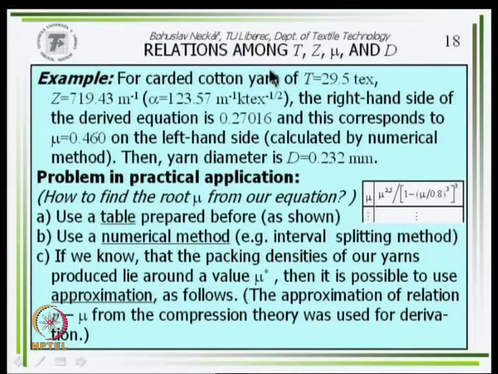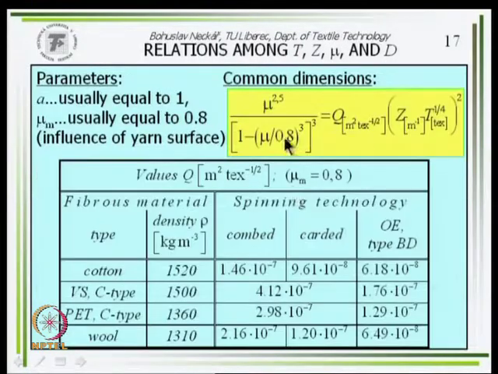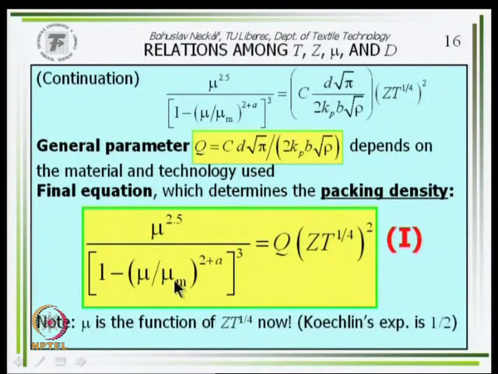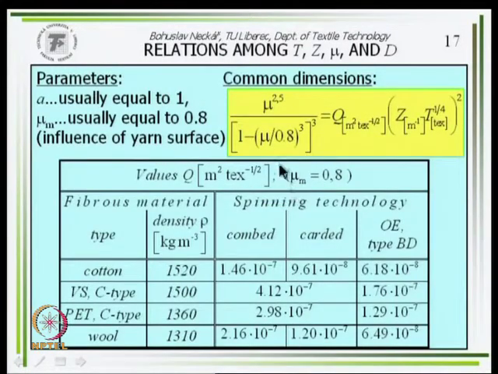An example is shown here. When we know yarn twist, yarn count, and give a value of Q. For the yarn, we usually use in the place of mu m, this maximum value, this limit value of packing density, from our practical experiences, the value 0.8. Not 1, then 0.8. Why?